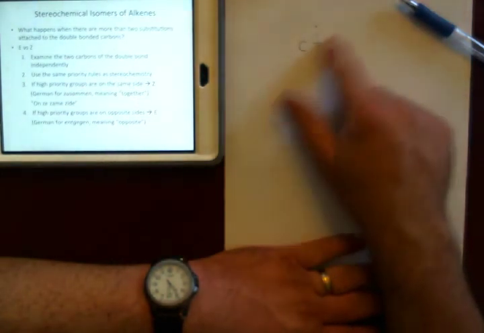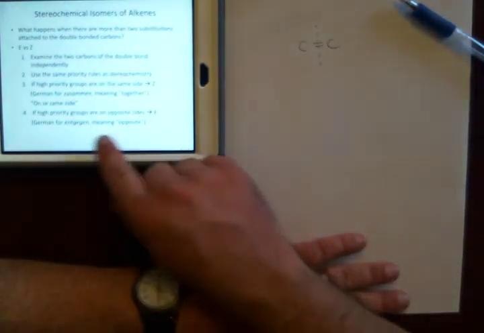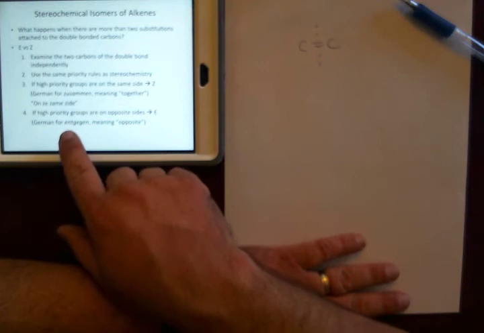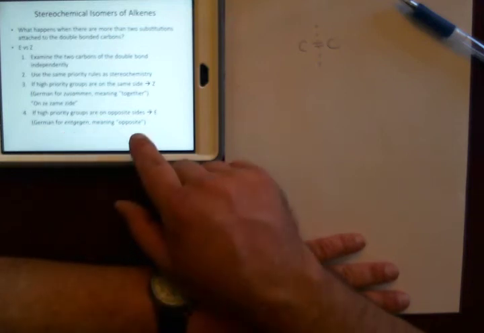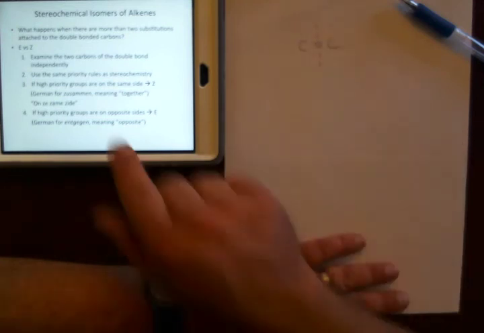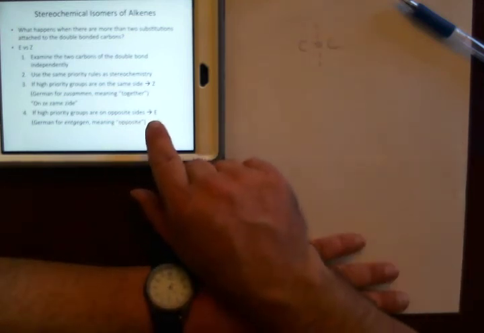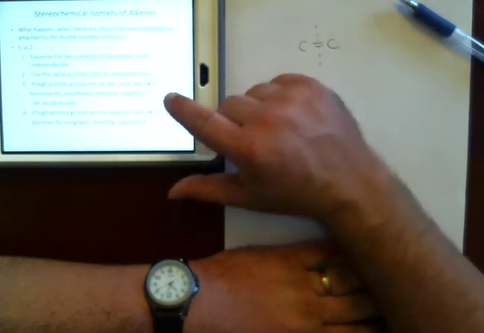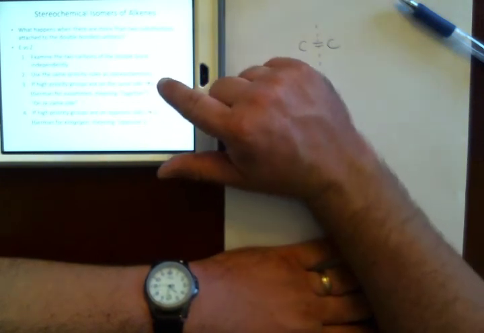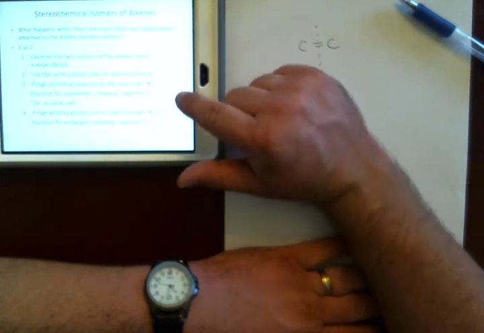If they're on the opposite sides, then we call that, again my German's bad, but I think you pronounce it entgegen. It means opposite. So they're on the opposite sides, and here you represent it by E. Now it just so happens that if you look at the letter, it's the opposite of what the letters are doing.